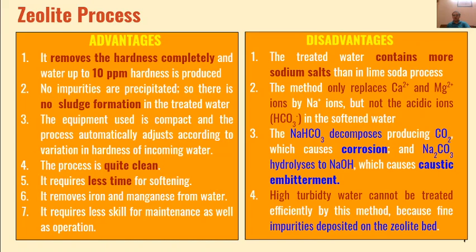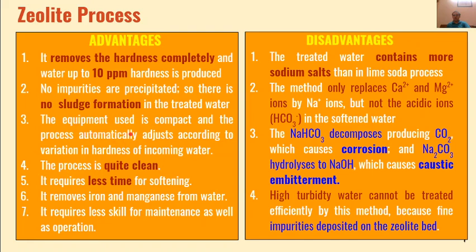That means we need not remove sludge from the process for getting the treated water. This is another advantage, but it can be treated as a disadvantage also, because those impurities we have to precipitate out by some other process.